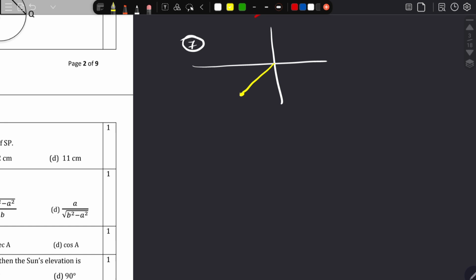Question number 7. Let us imagine a coordinate system. Let us take a point (x, y) which belongs to the third quadrant and is 5 units from the origin. The origin is (0, 0). By applying the distance formula, the distance given is 5 units, which is equal to the square root of (x2 minus x1) squared.